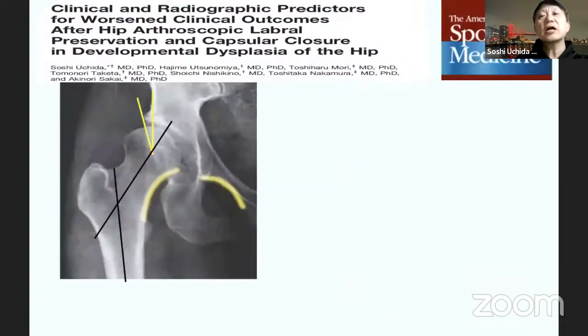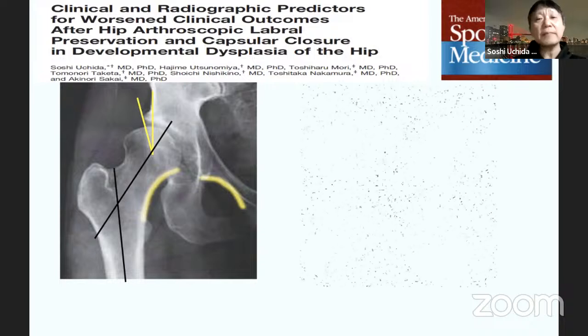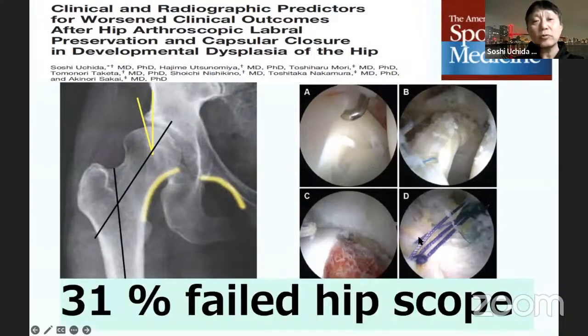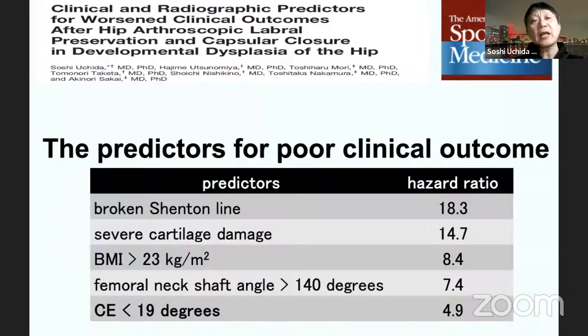This is a study looking at clinical and radiographic predictors for worsened clinical outcome after hip arthroscopic labrum repair and FAI correction surgery. It was published in AJSM. We performed labrum repair and cam osteoplasty and closed the capsule. However, 31% failed, requiring revision hip scope, at two years after surgery.